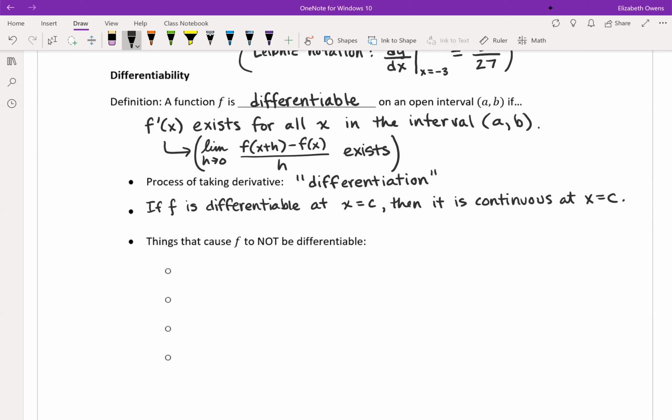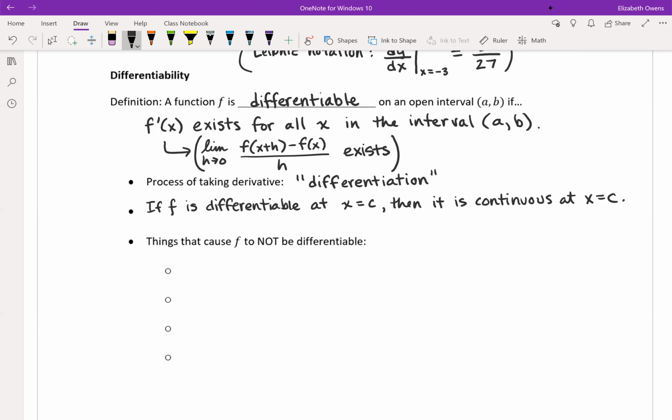So that's kind of nice. We looked at continuity back in section 2.5, and this is a way to see if we've got continuity. If you can take the derivative of the function at a certain point or on a certain interval, then you have continuity at that point or on that interval. So that's a good thing to know.